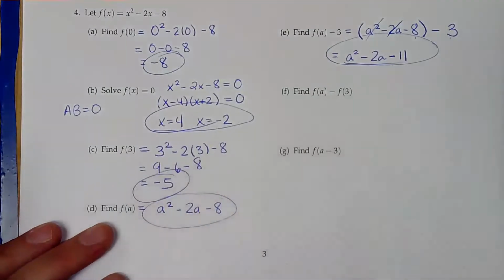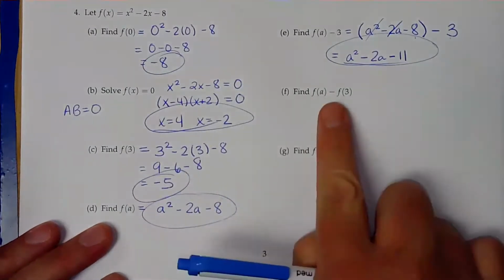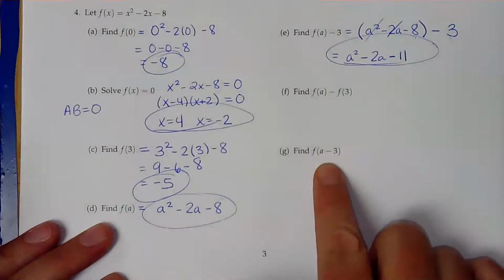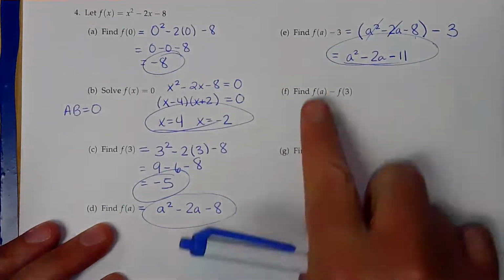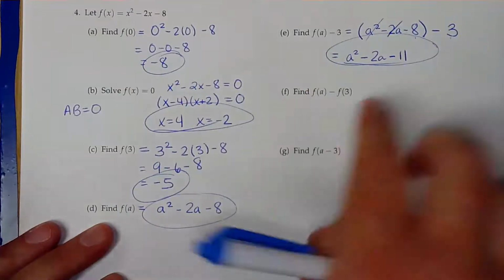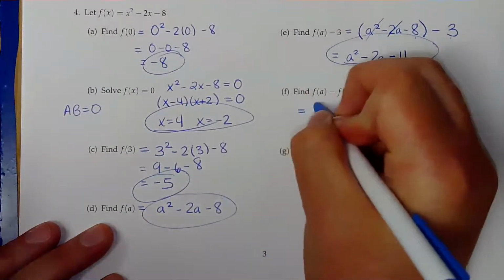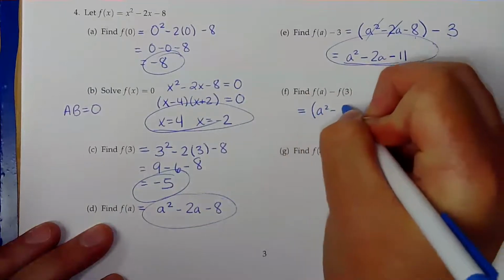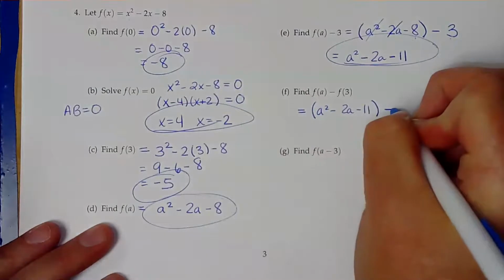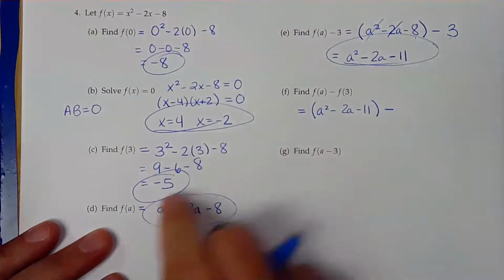All right, so this one says f of a minus f of 3. So all three of these are pretty similar. The parentheses just kind of change things up a little bit. So let's look at how these are different. This one says f of a minus f of 3. So we know f of a is a squared minus 2a minus 8, and we found f of 3 already, that's negative 5.